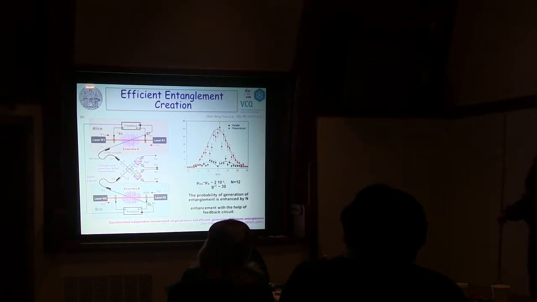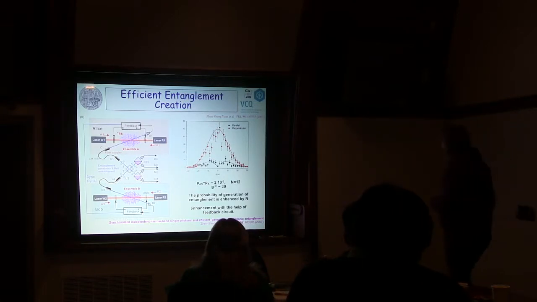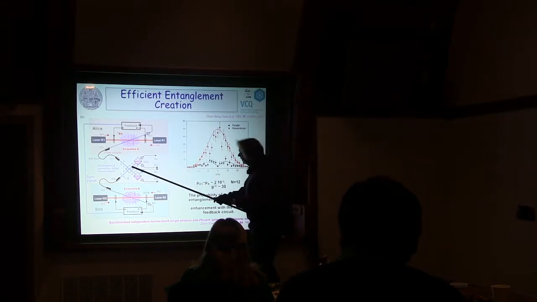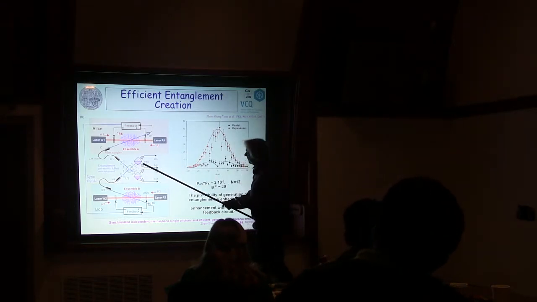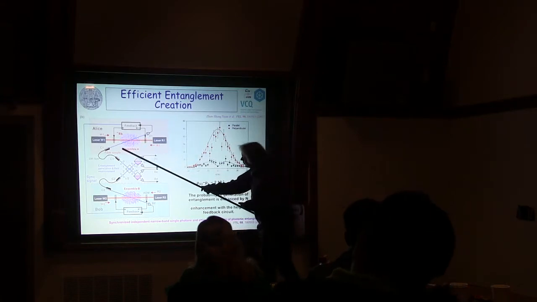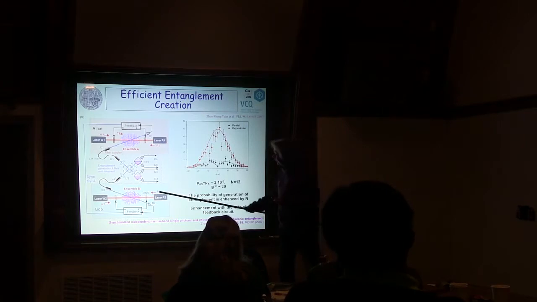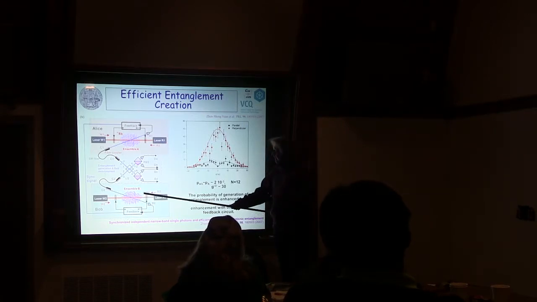So you can make a very good probability of making a Hong-Ou-Mandel interference here, and then the emitted photons that come out are not probabilistic anymore, because you wrote them in before with this repeat-until-success strategy, and then you can read them out.